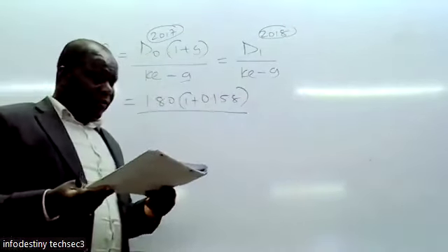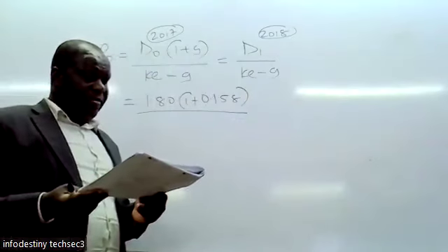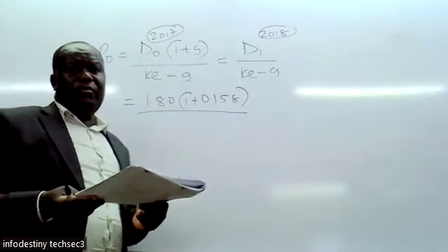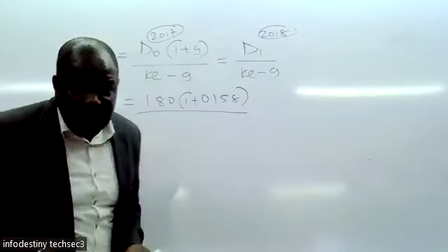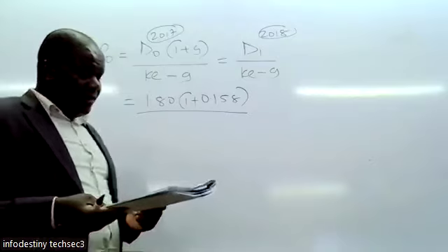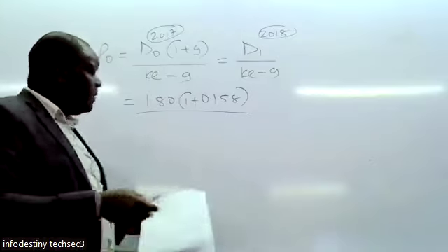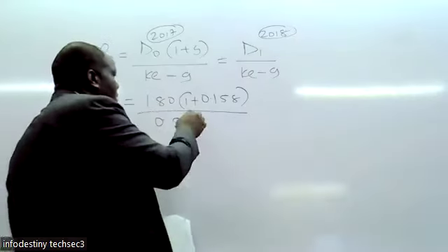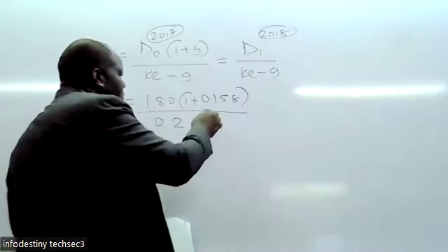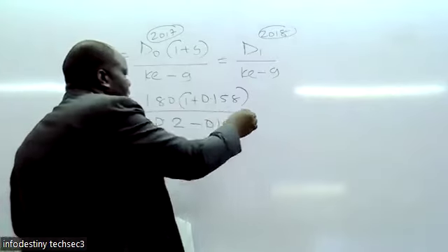KE is the cost of capital. When you go to note 2, the question gave you the investors' required rate of return as what percent? 20%. So 20% is the same as 0.2. Then you subtract G, which is 0.158.